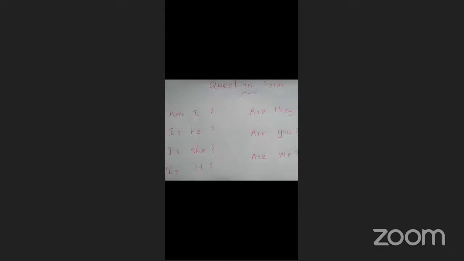Is he? Is she? Is it? Are they? Are you? Are we? You can copy these things in your writing book. Okay. Now, let's try out these things with another activity.